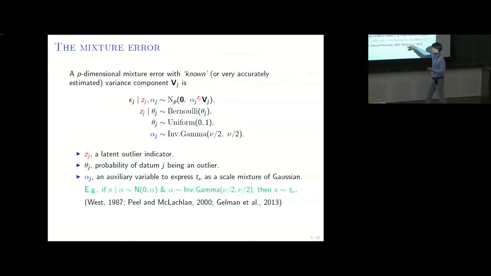And alpha follows an inverse gamma distribution whose shape and scale parameters are equal to nu over 2. Then, if we integrate out alpha, marginally this random variable x follows a T distribution with nu degrees of freedom. This is a well-known fact in statistics. The history is quite long.